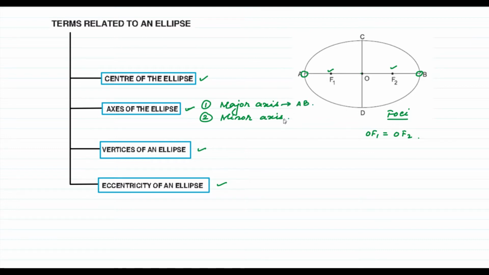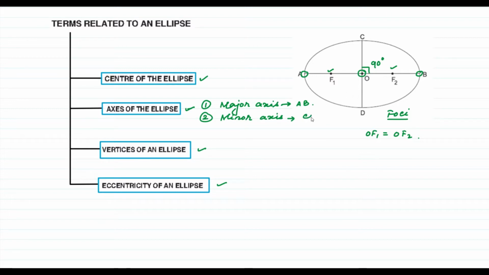And what is the minor axis? The minor axis is the axis which is perpendicular to the major axis and passes through the center of the ellipse. So here CD, where C and D also lie on the ellipse, and line CD is perpendicular to the major axis and passes through the center.